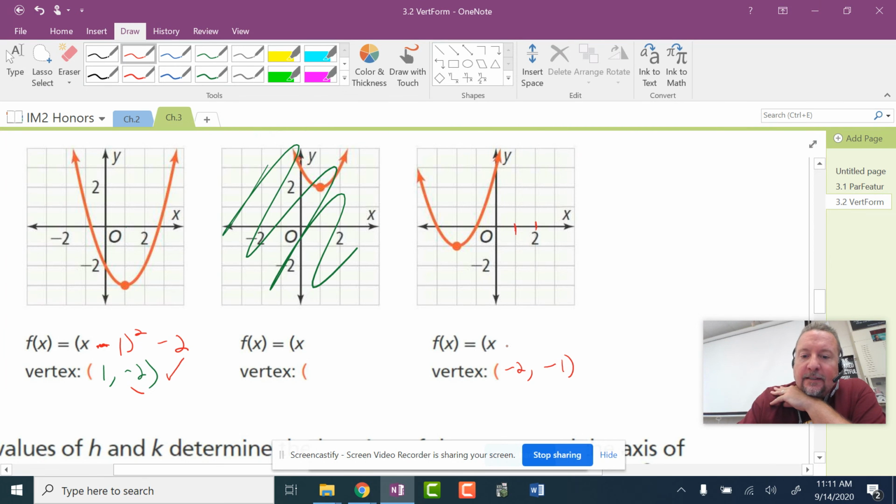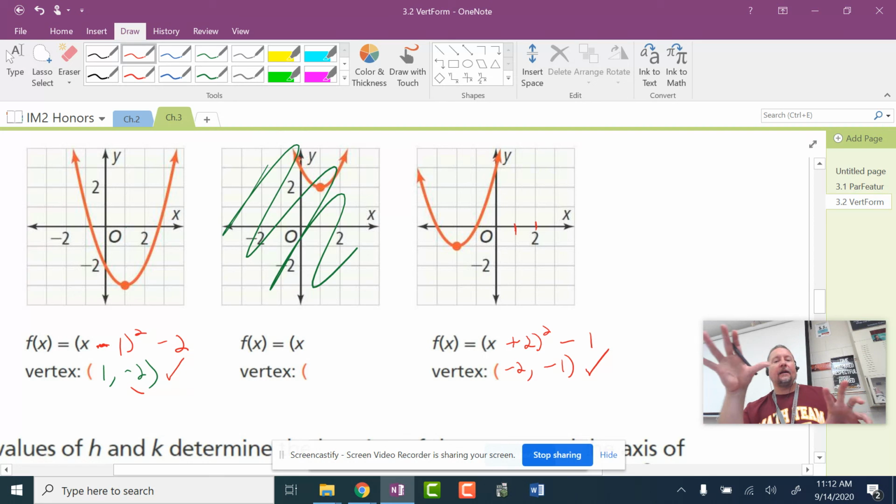And then that means it's x plus 2, the opposite, minus 1, the same. Don't forget that squaring. Let me check this. Negative 2 plus 2 is 0. Remember I told you about 0, the parentheses. 0 squared is 0, minus 1 is negative 1. Yes. So when I actually write that equation, my vertex fits in that equation. So therefore I know I'm at least partially right.